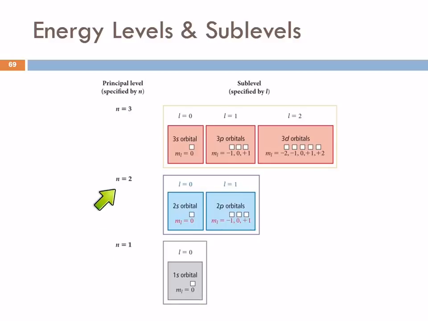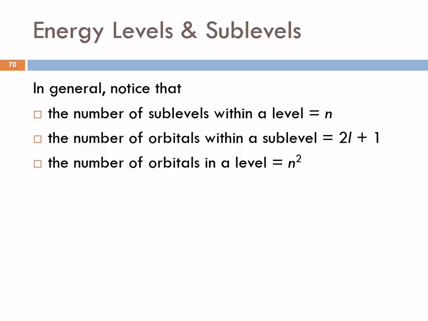N equals 2, there are 2 sublevels, S and P. N equals 3, there are 3 sublevels, S, P, and D. So the number of sublevels is equal to the principal energy number. The number of orbitals in a sublevel is 2L plus 1, and the number of orbitals in a level is n squared. I don't think those are all that useful, but they're there.